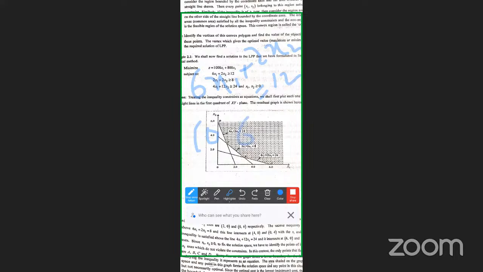So this is the first point. Next, x2 equal to 0 gives x1 equal to 2. So these are the two points for the line 6x1 plus 2x2 equals 12.